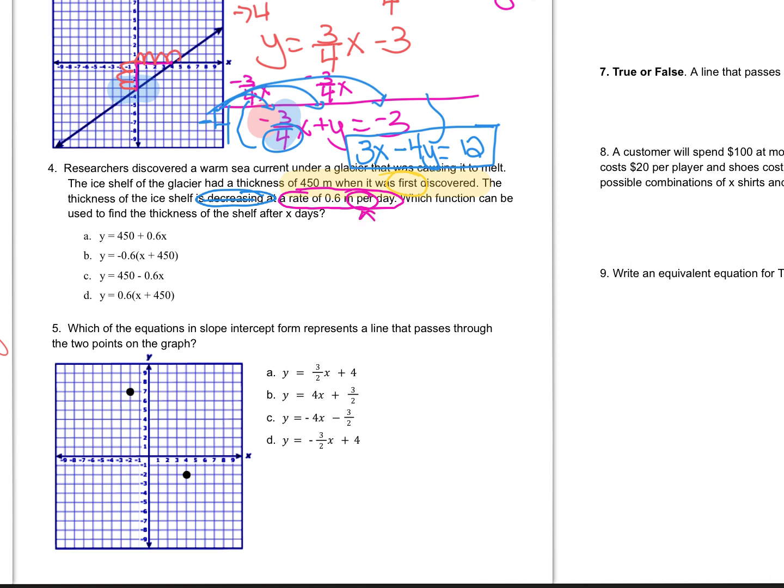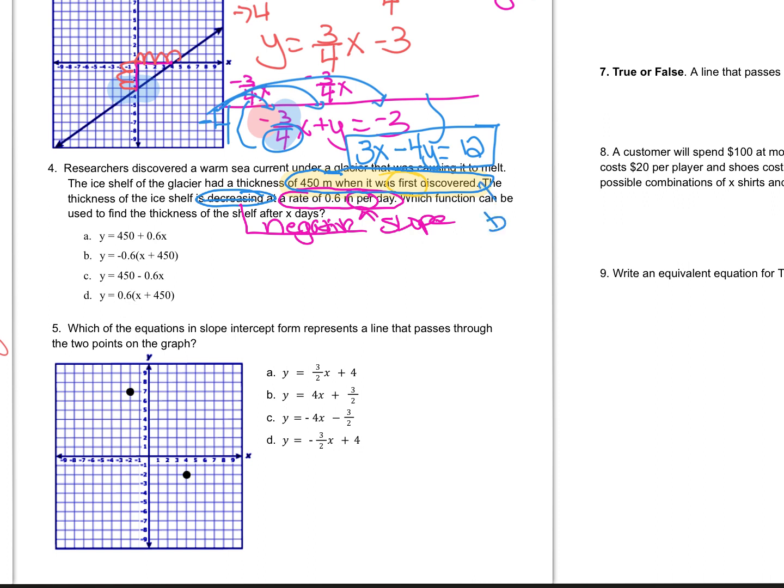That term per, that is slope. So right now we know we have a negative slope. Okay. And what else do we know? We know that the glacier had a thickness of 450 meters when it was first discovered. So remember, beginning, initial, start. What did the thickness start at? 450. That is our y-intercept.